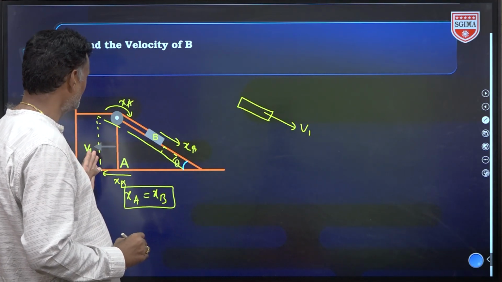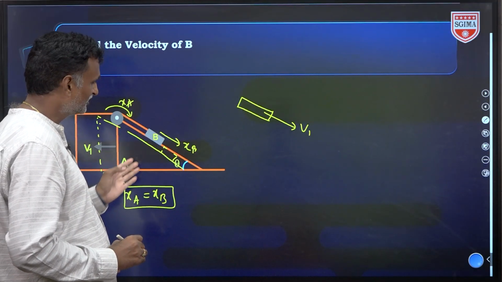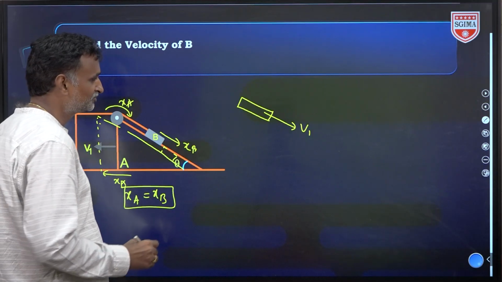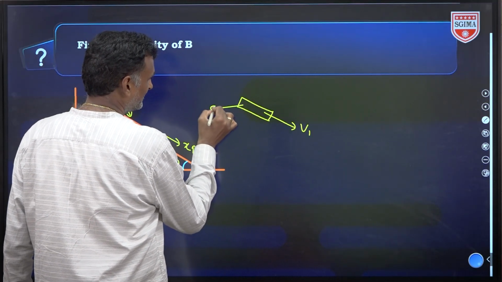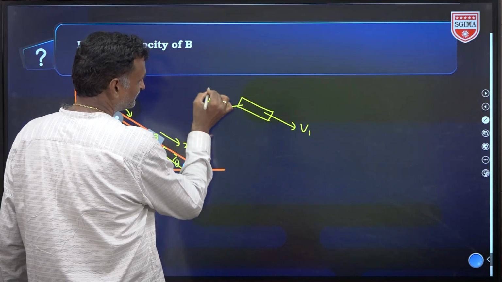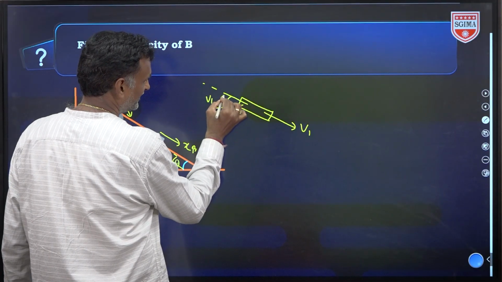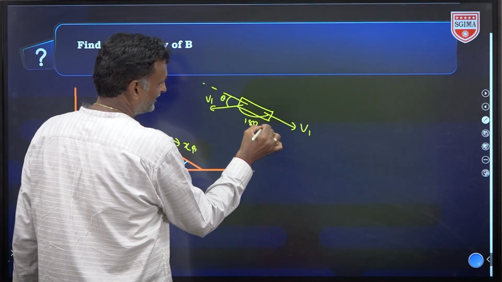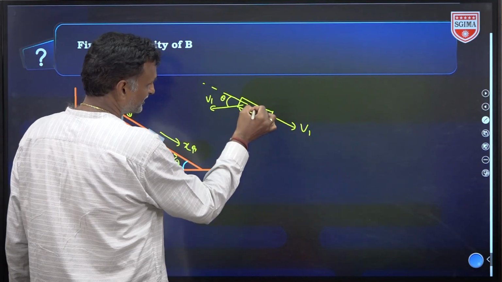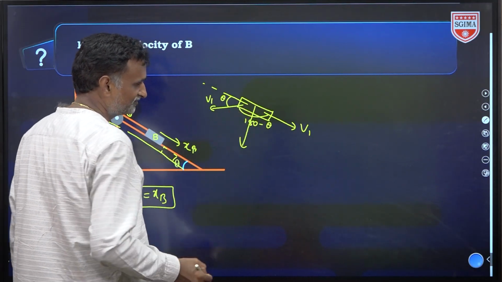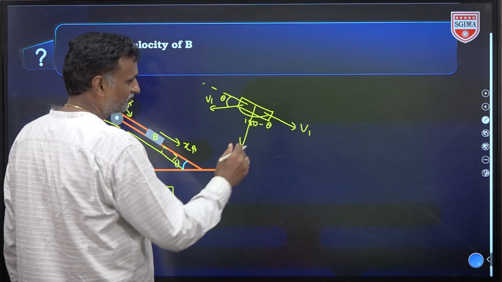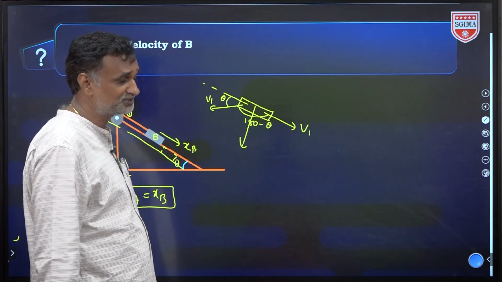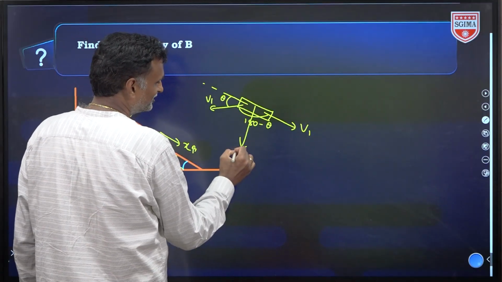So xa has speed V1, and xb must also have the speed V1. Here, in this left direction we have the speed V1, and it forms angle theta, and this angle must be 180 minus theta, with V1 the same, so the resultant will be exactly in the middle. We do not need vector addition or the magnitude of the vector; directly we can take the components.